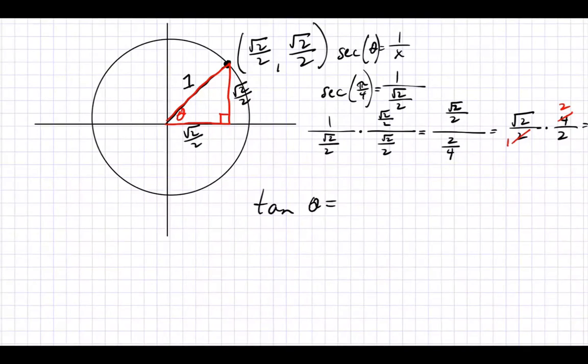It's y over x, right? Y over x. Well, y is the square root of 2 over 2. X is the square root of 2 over 2. So when I divide those, what does it make? 1, yeah. Anything divided by itself is always going to be 1, positive 1.